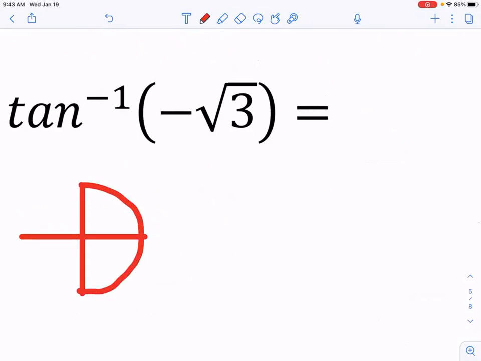Inverse tangent is a first and fourth quadrant output. We've got to remember which type of angle is going to give us radical 3 for a tangent ratio. Is it pi over 6 or pi over 3?